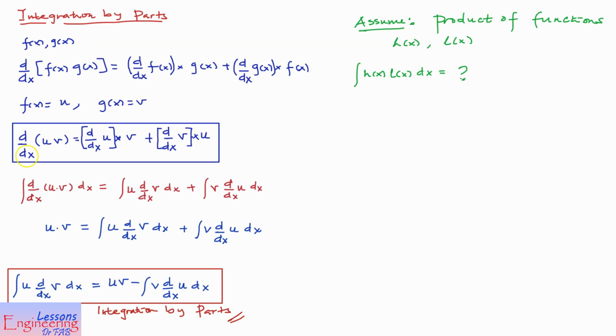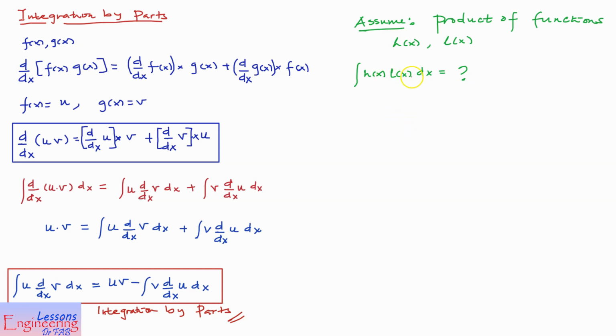Now what the rule of integration by parts tells you is that the items inside the integral are u and dv by dx. You're assuming one of them is u and the other is dv by dx.